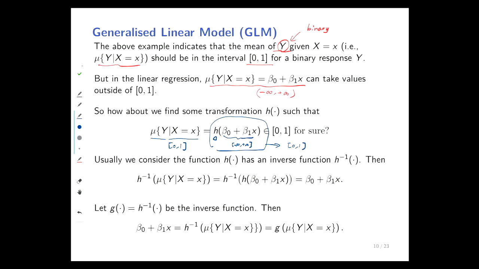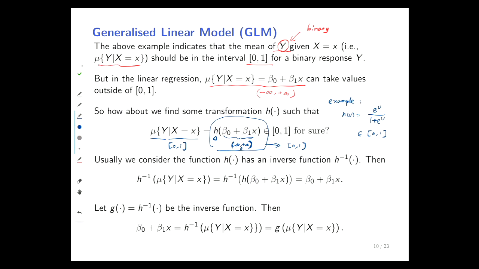So what kind of function can do that? I can give you an example of this function. The example here is h(v) equals e to the power v divided by 1 plus e to the power of v. This function is exactly within 0 and 1, and it can transform anything between minus infinity and infinity into 0 and 1.